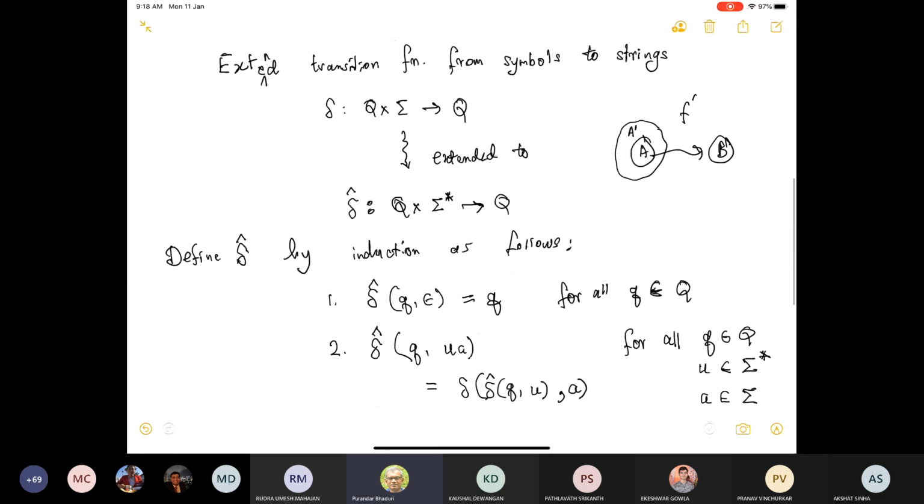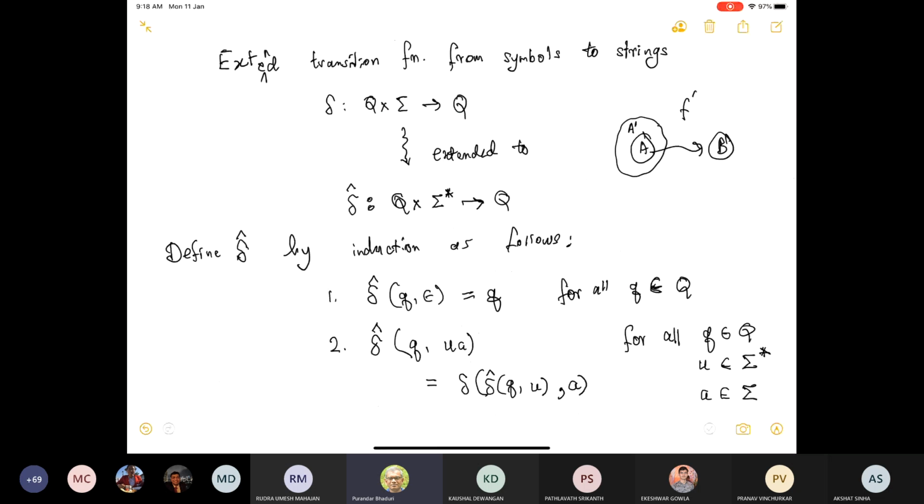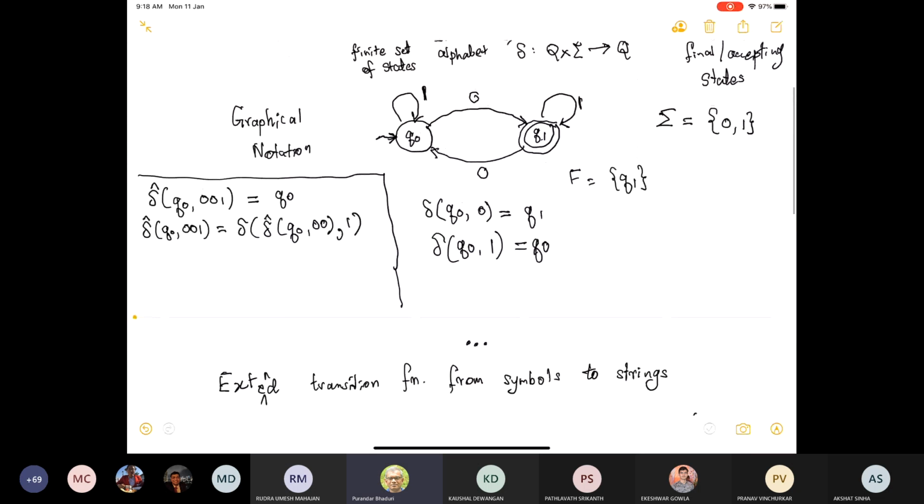If you want to see it, here it is at the bottom. Delta hat QUA is delta applied to delta hat QU, comma A, right? So just use that definition.